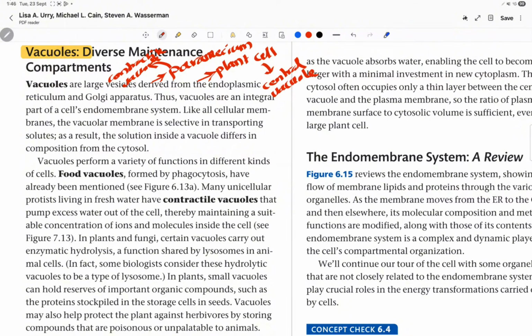And that's not a good thing, obviously, right? And so some organisms like a paramecium live in the environment where there's a lot of fresh water and water keeps going inside. So if they don't expel it, they will explode as well. An explosion means death for a cell. We don't want that to happen.